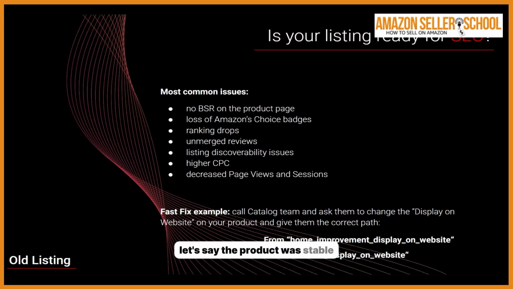Let's say the product was stable in position 4 on all the major keywords, and now it has been slipping to position 10, 15, 20, and 30, and you just cannot stop it, no matter how much you're spending on advertising. You will see reviews being unmerged if you have a listing with variations. Listing discoverability issues, meaning it's not being ranked on certain keywords, higher cost per click, and you will see decreased page views and sessions in the business reports in Seller Central.